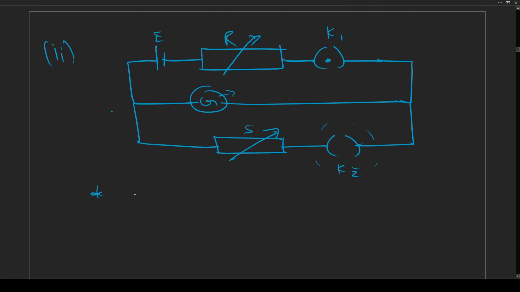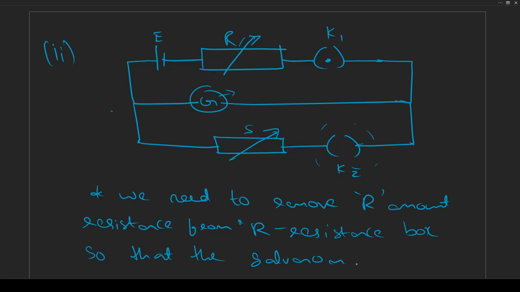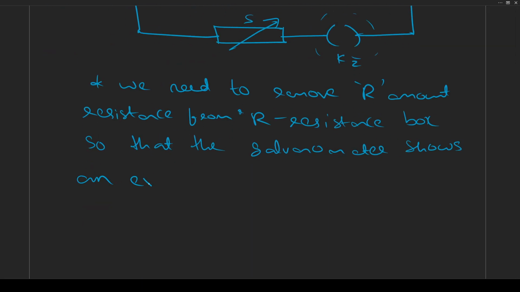So what we want to do here is, we need to remove R amount of resistance from the R resistance box, like this resistance box, so that the galvanometer shows an even deflection, theta.